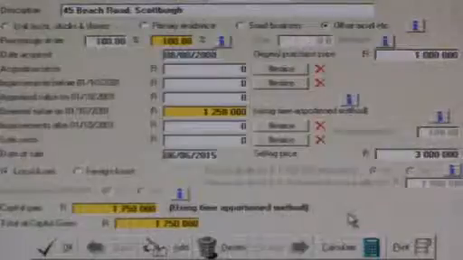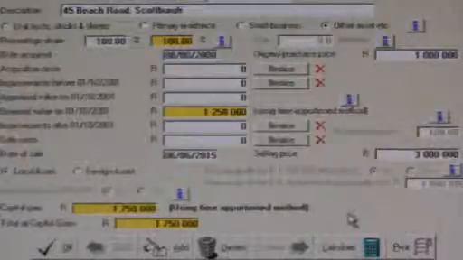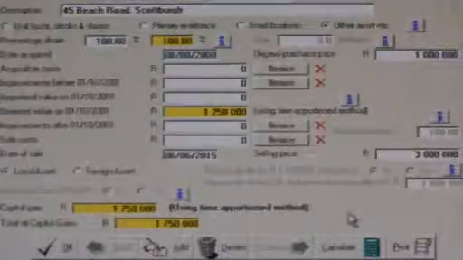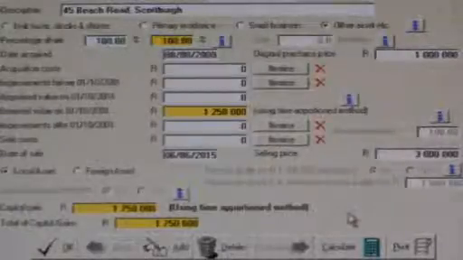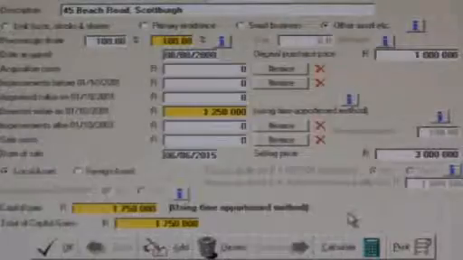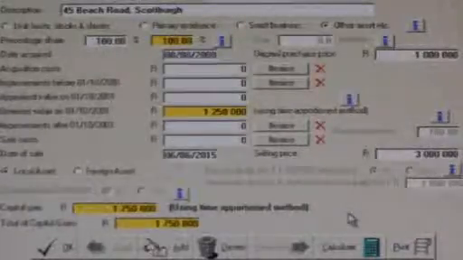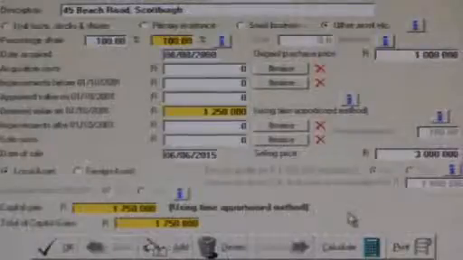2 years before the valuation date plus 14 years after the valuation date makes 16 years. If we divide the 2 million profit by 16, we get 125,000 rand profit per year. Add 125,000 for each year of ownership before 1st of October 2001 to the purchase price.